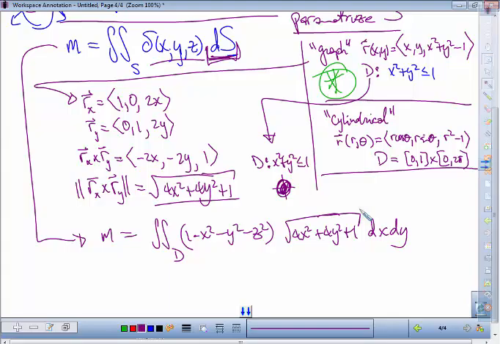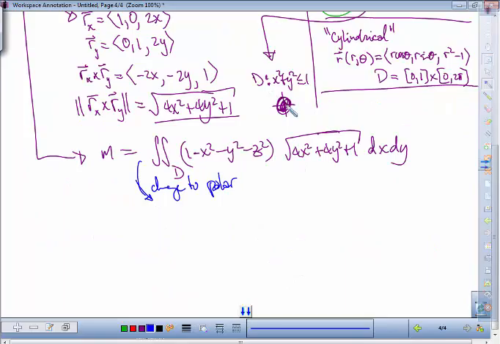All right, so if I want to do this integral, which I don't, I probably would want to change it into polar coordinates. So I'll make that move right here. Change to polar. And then now I can have limits for my integration. Polar coordinates, r goes from 0 to 1, theta goes from 0 to 2 pi.